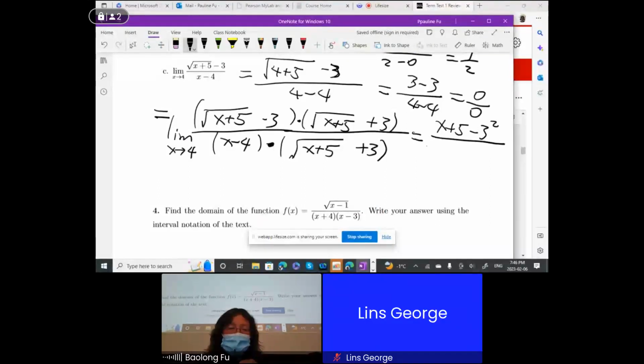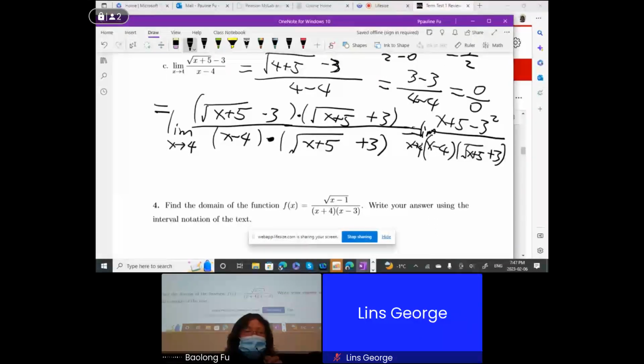And then the bottom, I copy it down. And it is still limit, x goes to 4. Questions on simplifying the numerator? And then continue. So 5 minus 3 squared is 9.